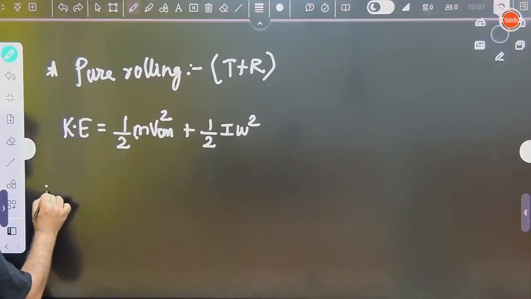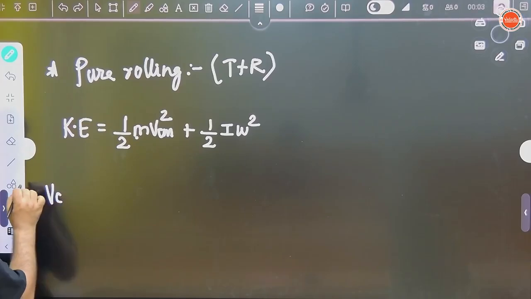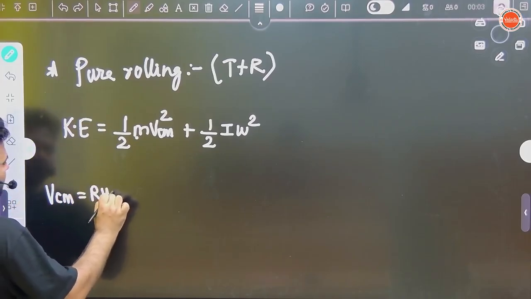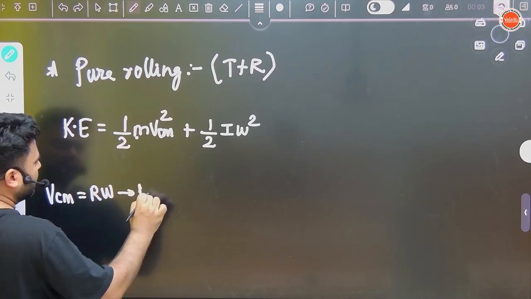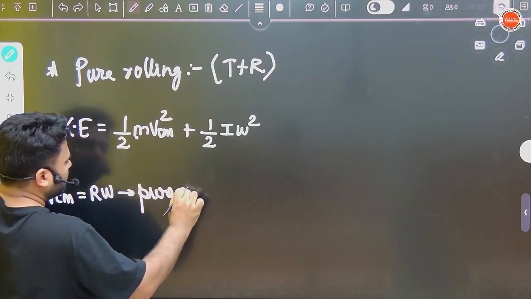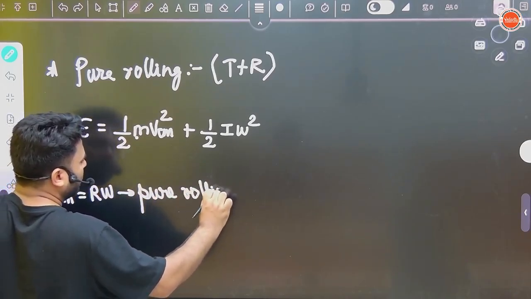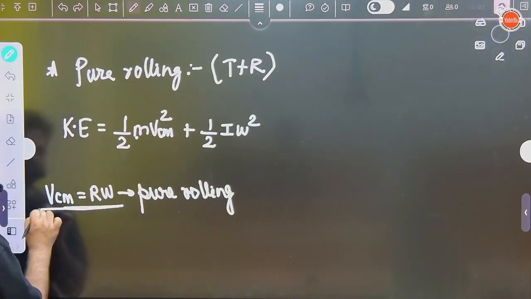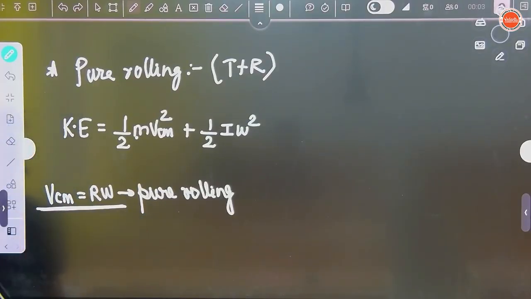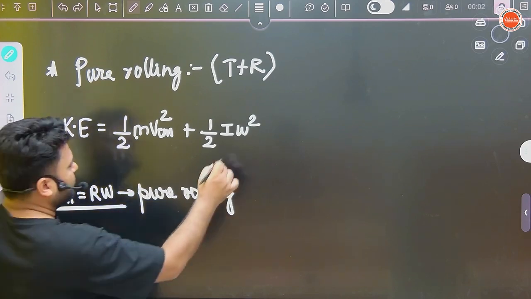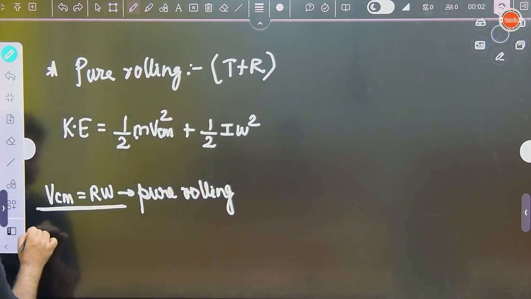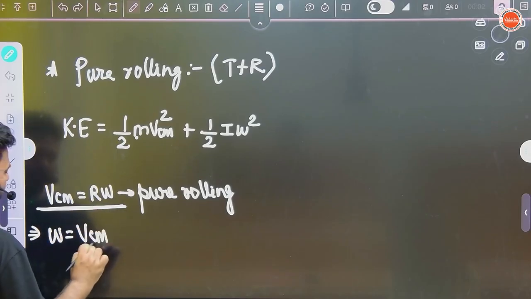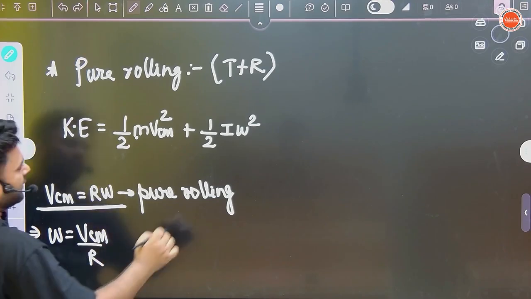Now we know that v_cm equals r omega in case of pure rolling. I told you the condition for pure rolling: velocity of center of mass equals r omega. So omega equals v_cm by r.